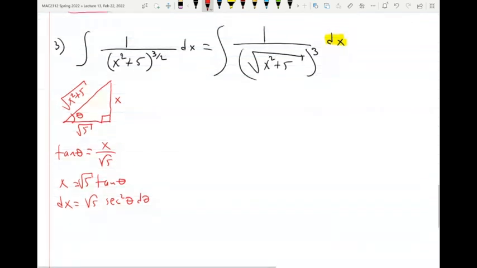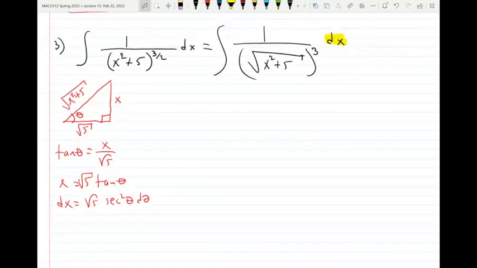Now I have to figure out the radical. What function should I use for the radical? I want a substitution for this now. What function should I use? Cosine, right? Cosine or secant. Secant is faster, but let's do cosine. We do whatever comes to our mind first.